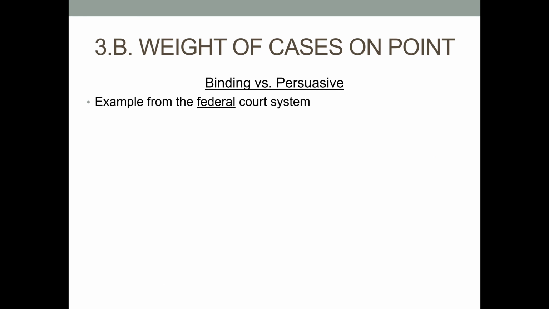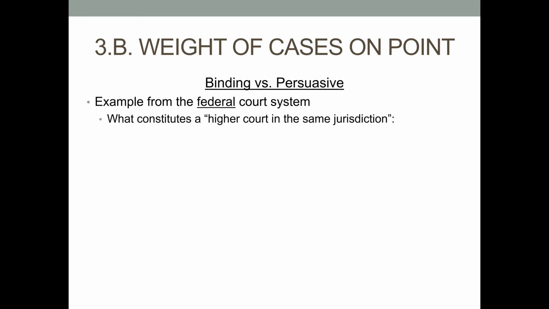Now let's look at an example first from the federal court system at which courts would be higher courts in the same jurisdiction. Remember the two-part test for whether a precedent is binding on a particular court involves the first prong, which would be if the precedent was decided by the same court that your client is in.